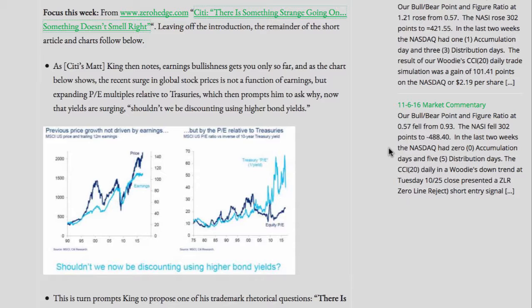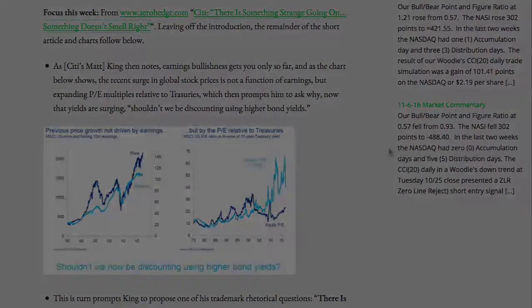As Citi's Matt King then notes, earnings bullishness gets you only so far, and as the chart below shows, the recent surge in global stock prices is not a function of earnings, but expanding PE multiples relative to treasuries, which then prompts him to ask why, now that yields are surging, shouldn't we be discounting using higher bond yields?